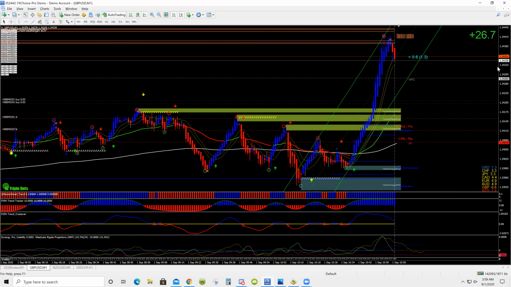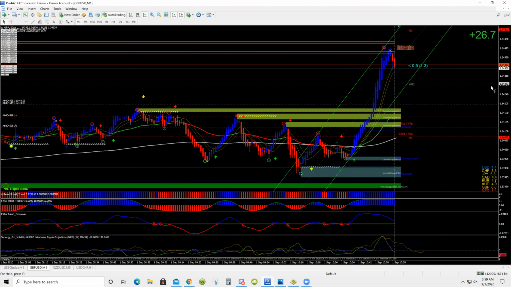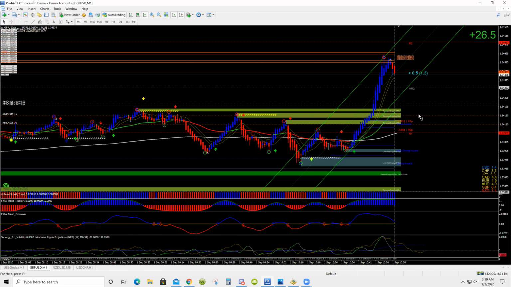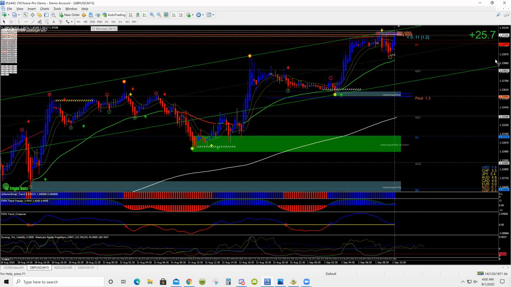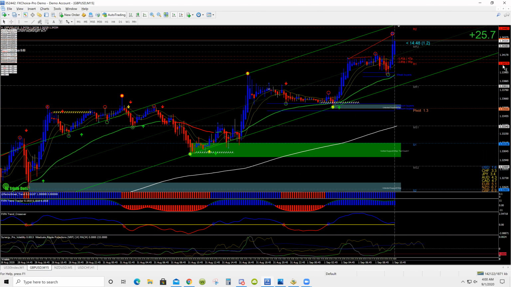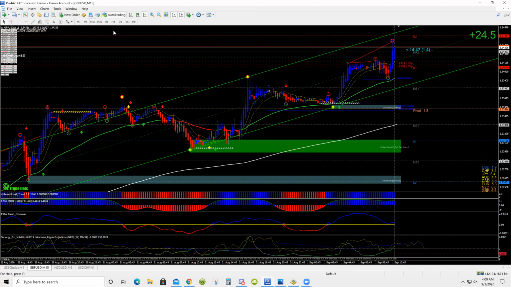GBP/USD. Look what it's doing. You're pulling back. Why are you pulling back? It's on a 1-minute time frame. Hello. Go to the 15-minute time frame. It's got to breathe.